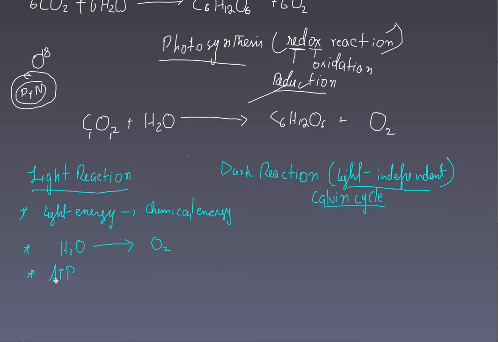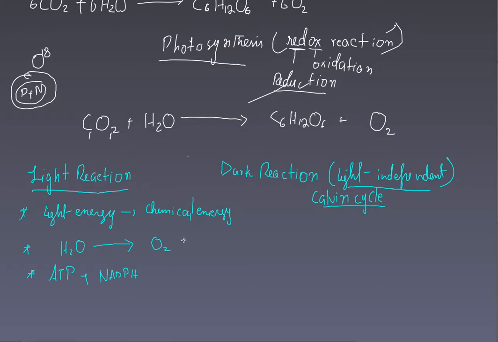Just for the reminder, ATP is the currency of energy. You get an ATP molecule plus an NADPH. So NADPH is similar to NADH, which we discussed in the previous videos. It's also an energy carrying molecule. So this is what light reaction is all about.